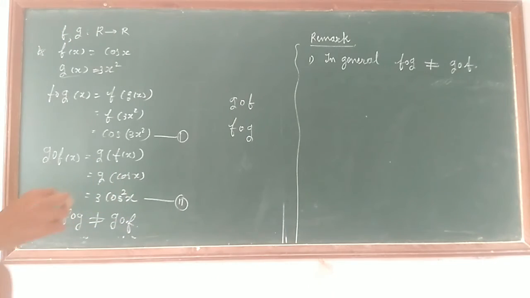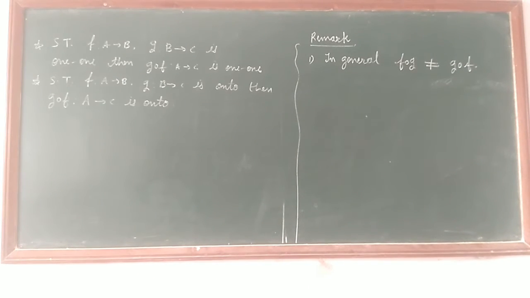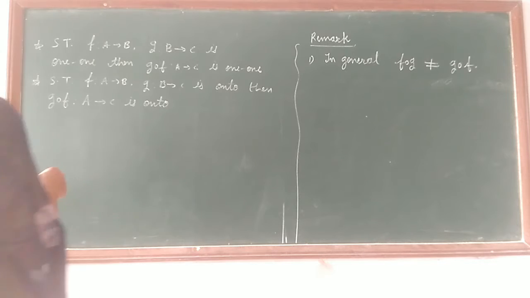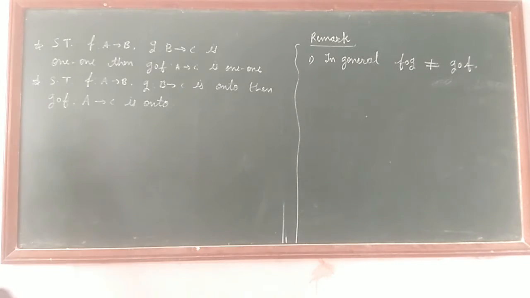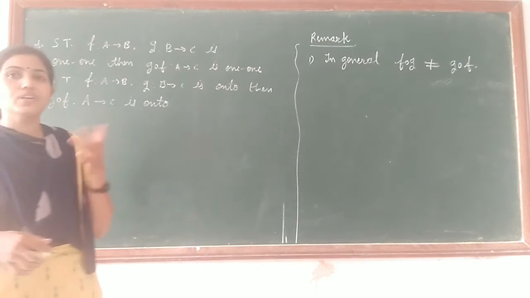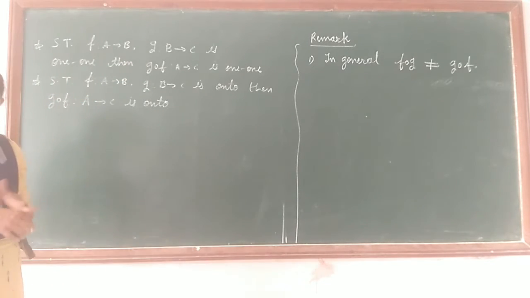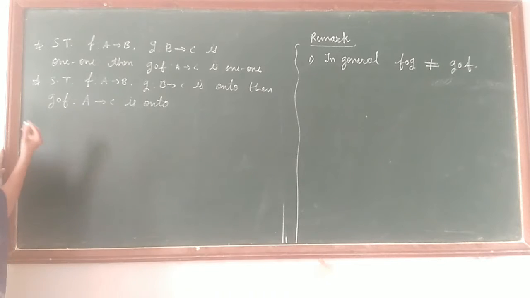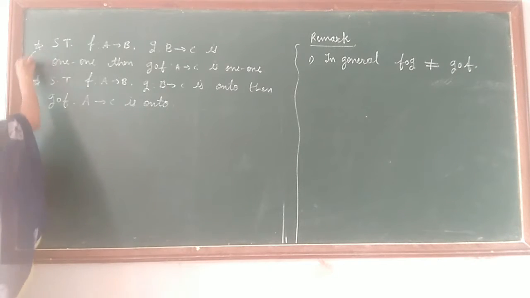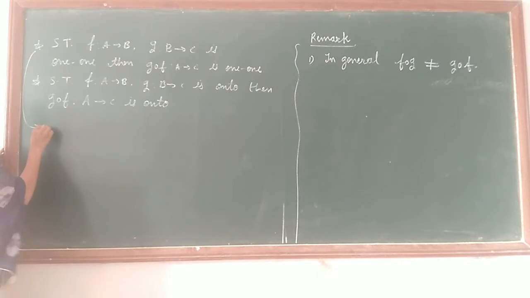So the next is, show that if f and g are 1-1, then g of f is 1-1, and that is our second remark. So let me see, is it possible? Now what is the definition of 1-1? So we are checking the proof of this.